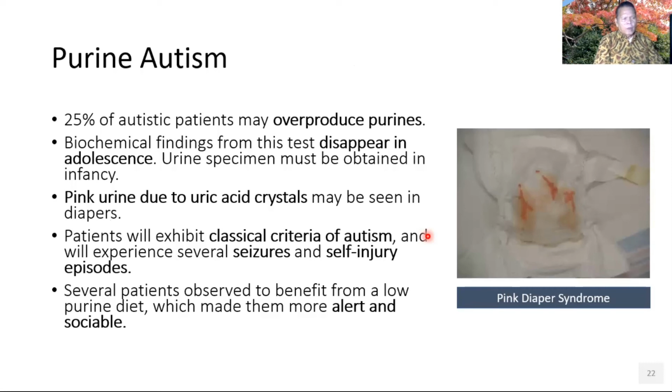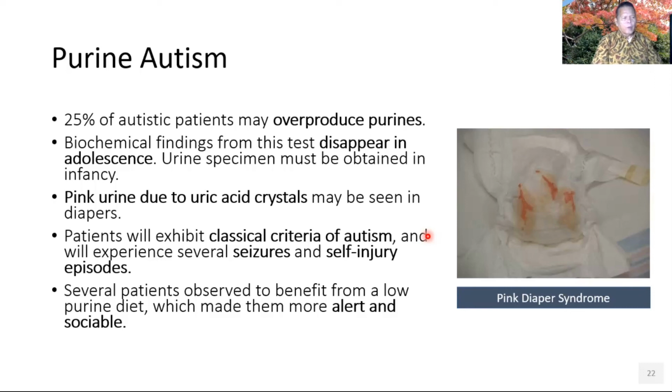We can see that pink urine will appear due to uric acid crystals that may be seen in their diapers. Patients will exhibit classical criteria of autism and will experience several seizure and self-injury episodes.